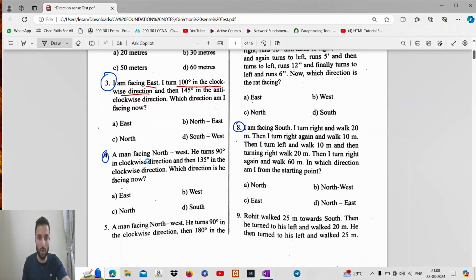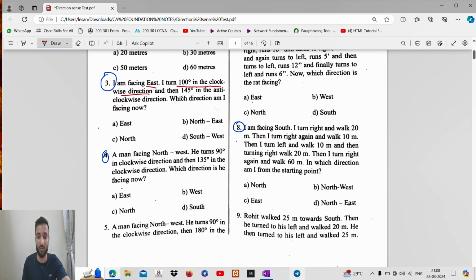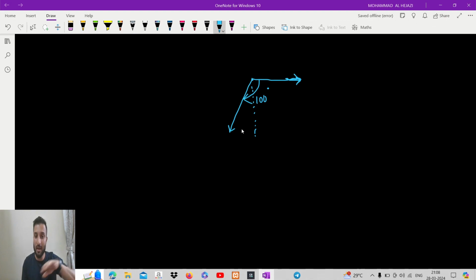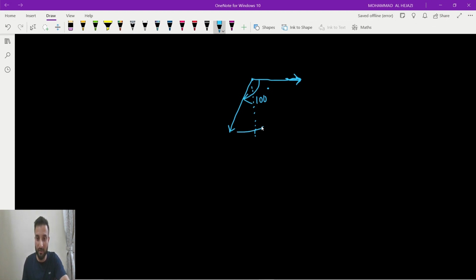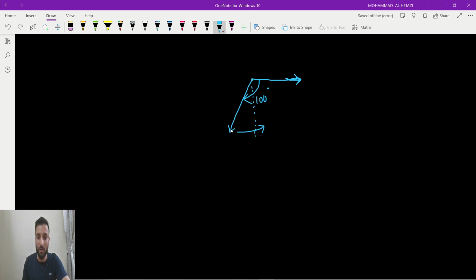Then after that he said, and then 145 degree in anti-clockwise. What did he say? 145 degree in anti-clockwise direction. So anti-clockwise is what? Left side. Left side means this side is anti-clockwise. How much degree? 145 degree. So see, again from here to here it will reach 100 degree. 45 means this. Correct? In between.